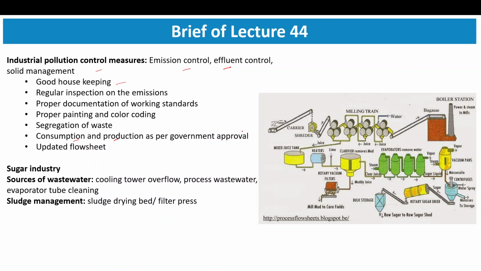In that case, the disposal standards may fail to be met. So we need proper consumption and production management. Also, the flow sheet needs to be updated so that anyone who looks at it gets a complete insight of the process.